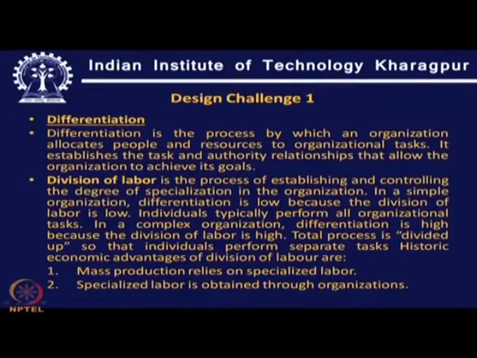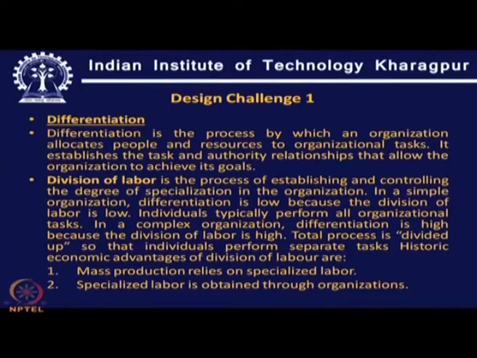So, the first design challenge is of course differentiation. Differentiation is the process by which an organization allocates people and resources to organizational tasks. It establishes the task and authority relationships that allow the organization to achieve its goal.